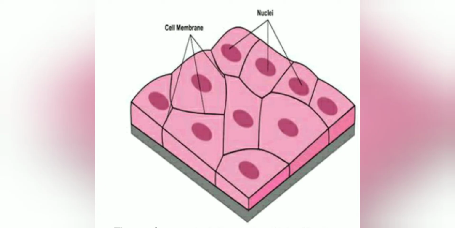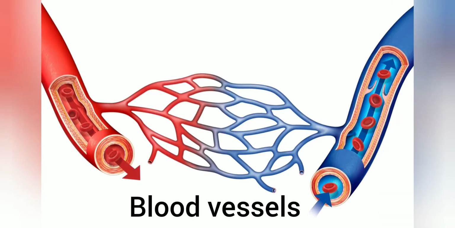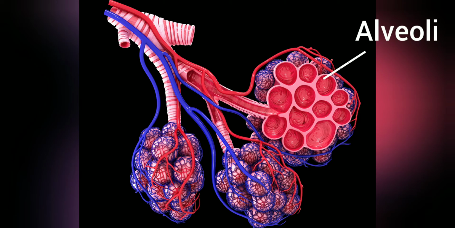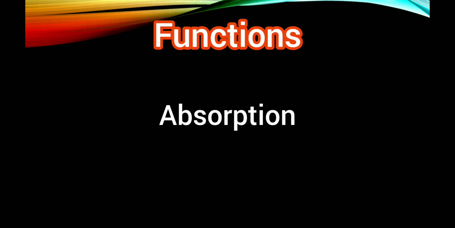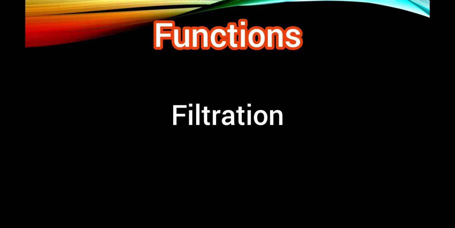It contains a prominent spherical or oval nucleus at the center of the cell, and it is found in blood vessels, alveoli, etc. Functions of this tissue are protection, absorption, transport, filtration, and secretion.